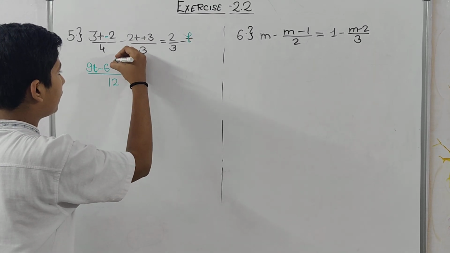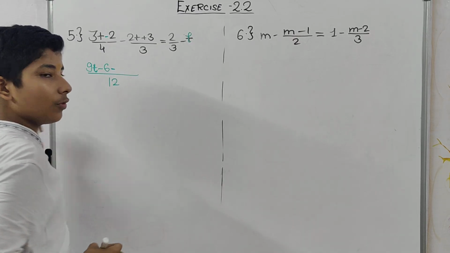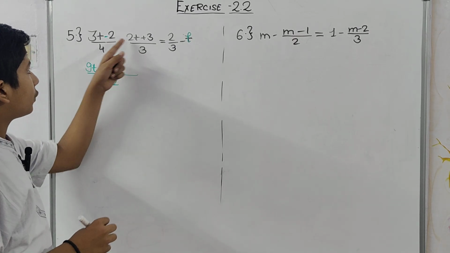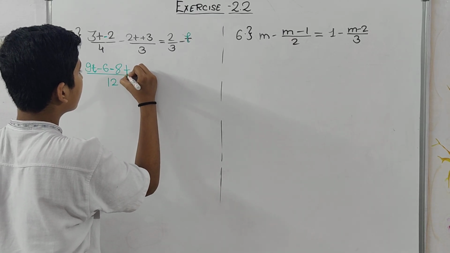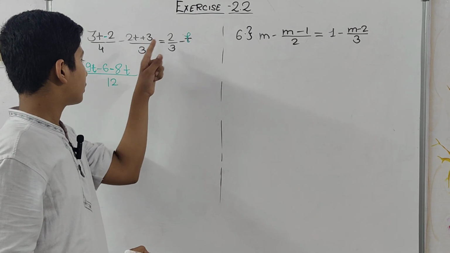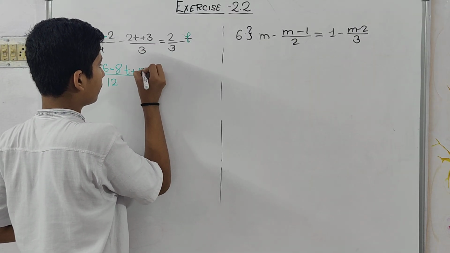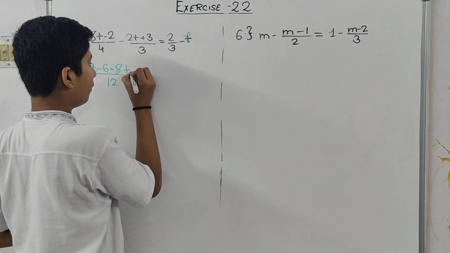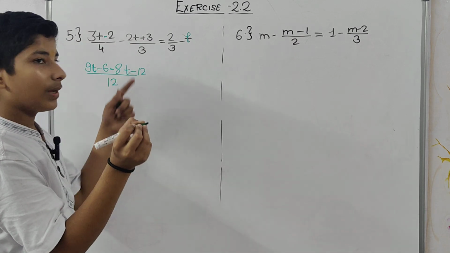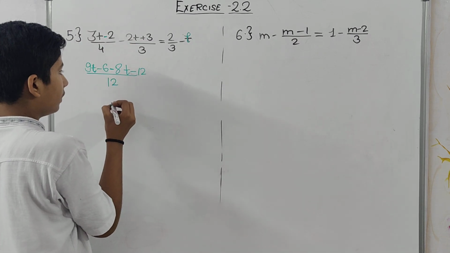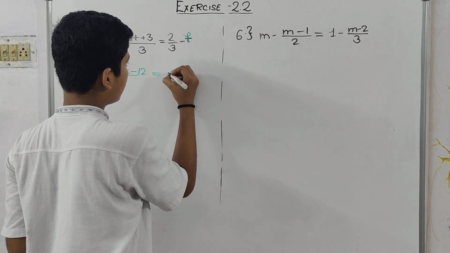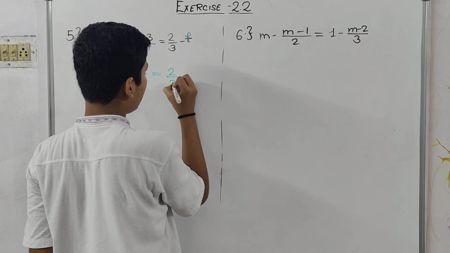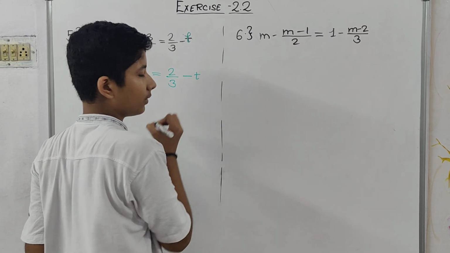Now, coming to this one, what we do? Minus 4 2s are 8t, plus 4 3s are 12. But it will also become minus because minus is coming on this also. Minus 6 minus 12, 18. This will be equal to 2 by 3 minus t.